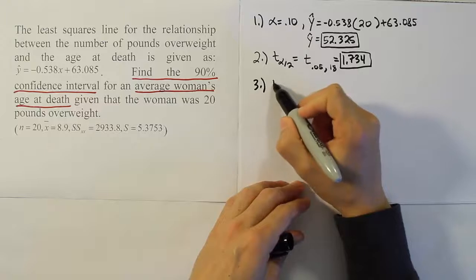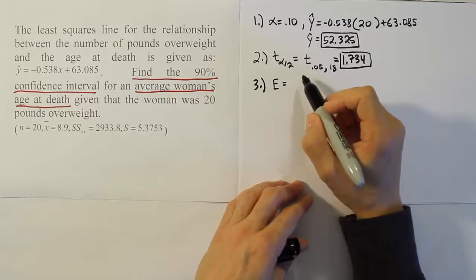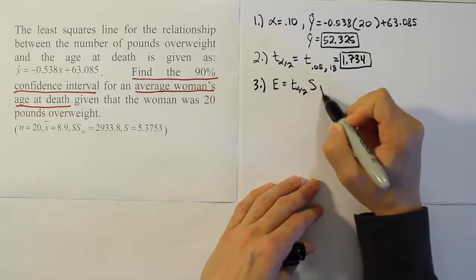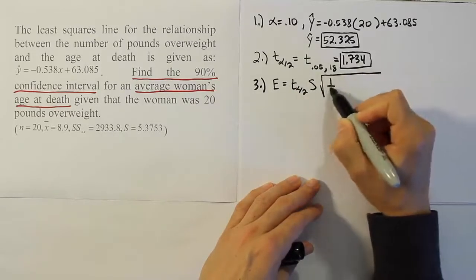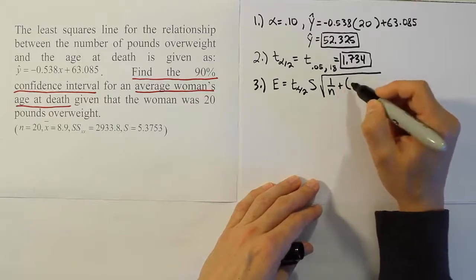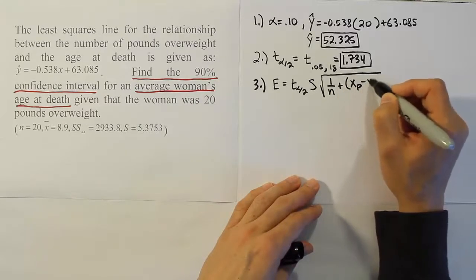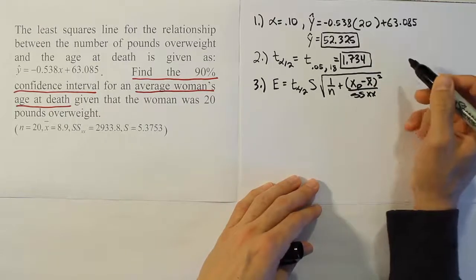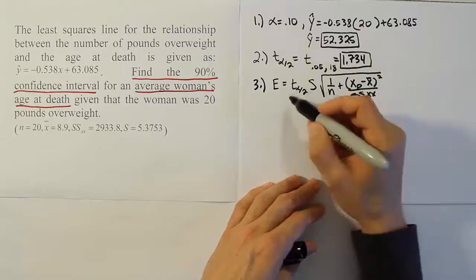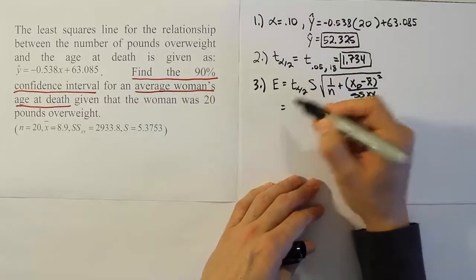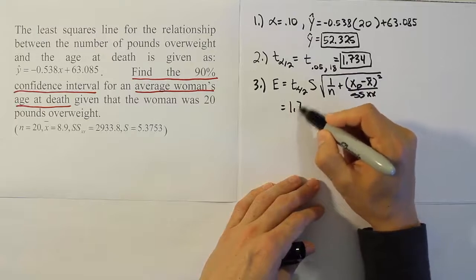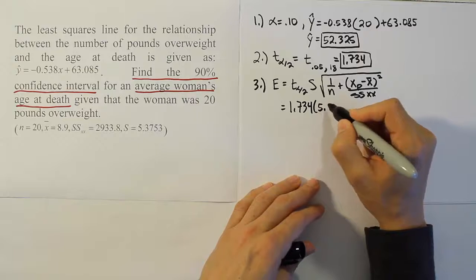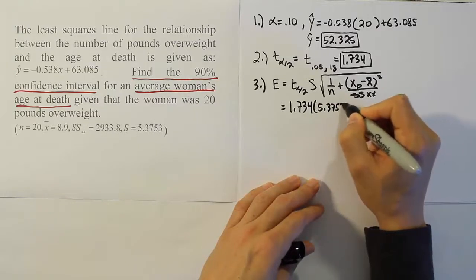We need that t-value in our next step, which is where we calculate the margin of error. Remember, our margin of error formula is t alpha divided by 2, s times the square root of 1 over n plus the fraction xp minus x bar squared over the sum of squares for the x's. Let's fill this in. Our t alpha divided by 2 value is 1.734. Our s value given in the problem is 5.3753.